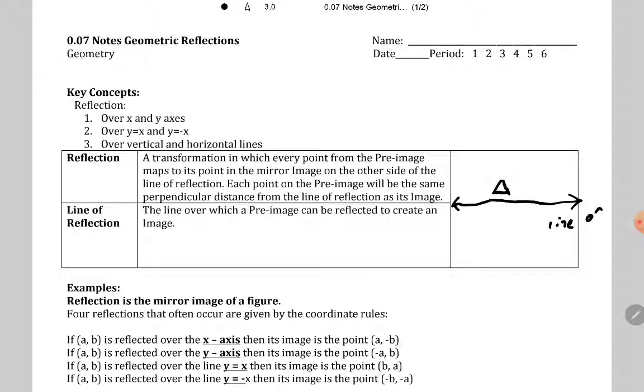But here's the line of reflection, and it would look something like that. Here's the pre-image. Here's the image. And the transformation was reflecting over that line.